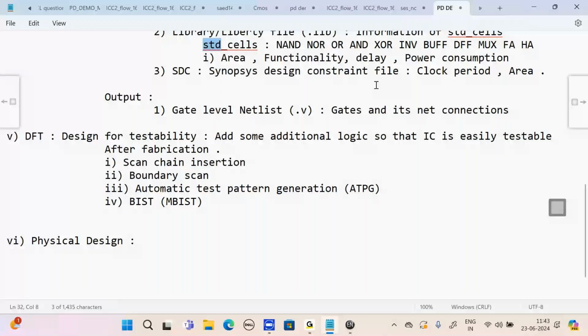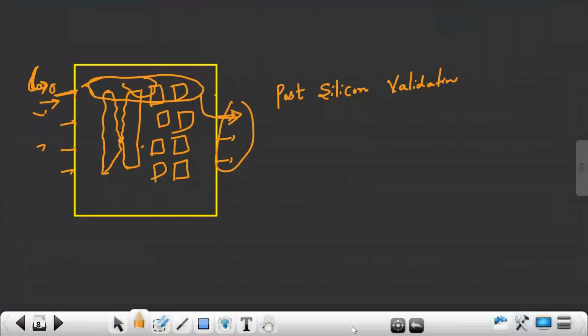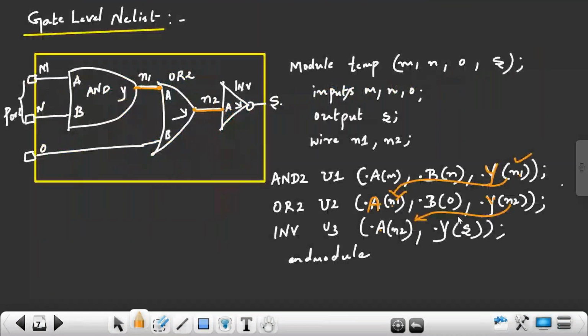So now my design is in gate level form. Whatever you are seeing here is just a symbol. It's not a layout. My foundry cannot understand this. So I have to convert this gate level design.